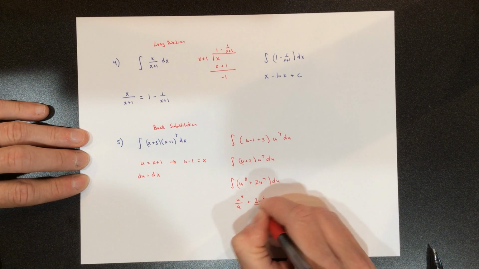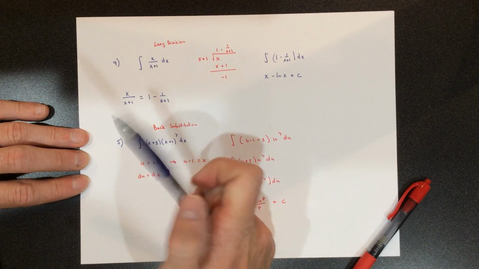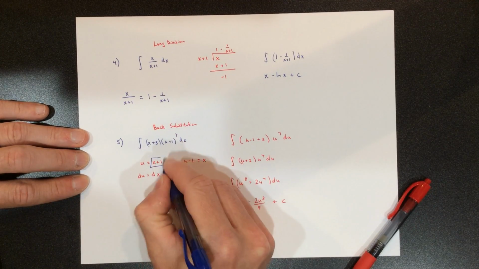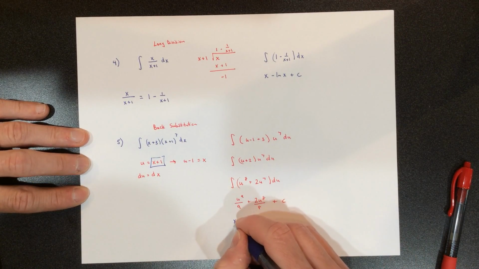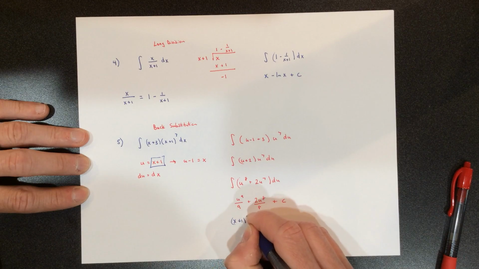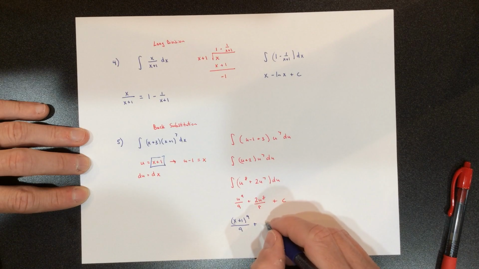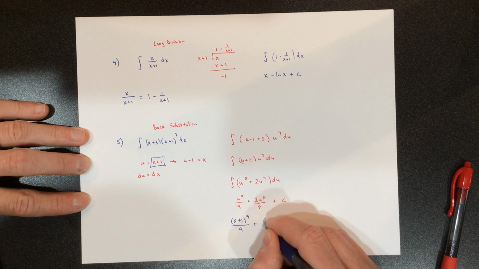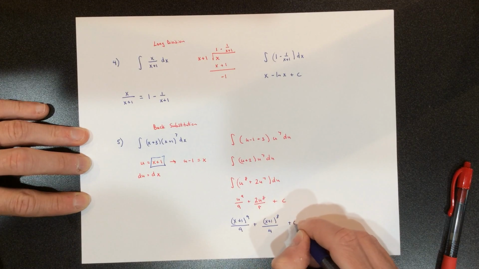Increase the power by 1, divide by the new power, and then I can put u back in. Remember, u is x plus 1, and so I know it looks a little messy, but it's x plus 1 to the 9th over 9. And this is just 2/8, which is just 1/4, so that's x plus 1 to the 8th all over 4 plus c.